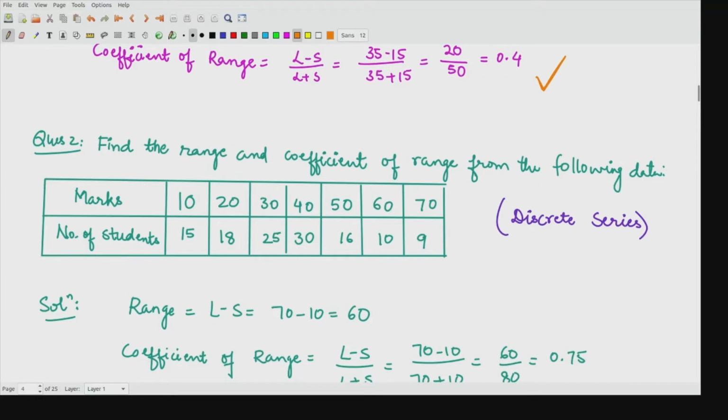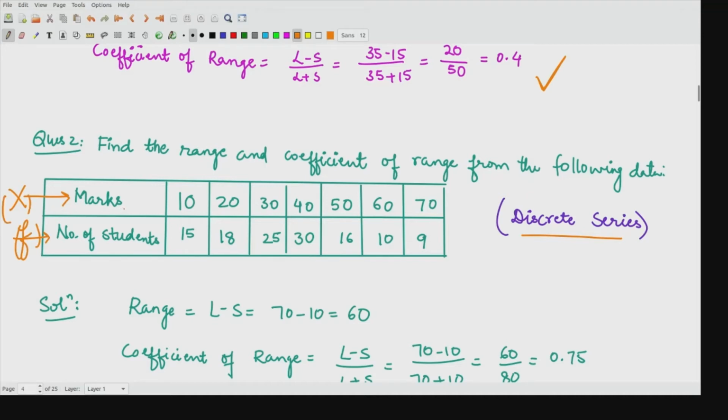So next we will have another question. This says we are given some marks and the number of students having these marks. So marks are defined as 10, 20, 30, 40, 50, 60 and 70, and the number of students having 10 marks is 15, 20 marks is 18, 30 marks is 25 and so on. So now first thing, what kind of data is this? This is the discrete series. That means you have the x values here and you have the frequency given here.